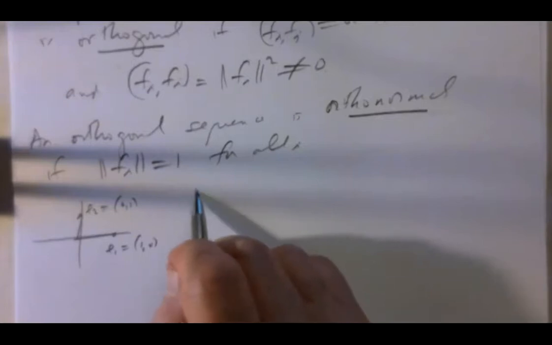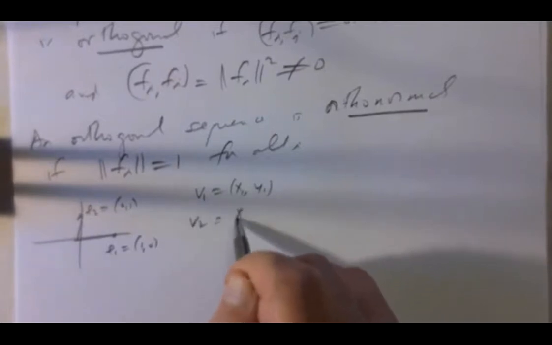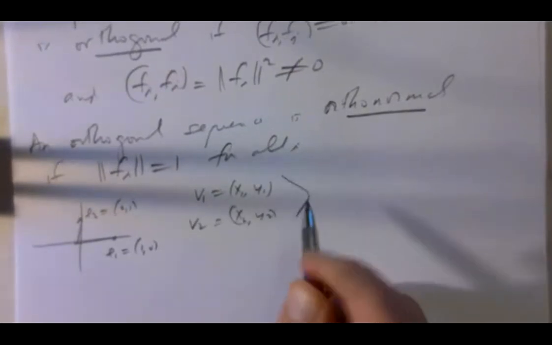So the example you know best is in the plane. Let's just look at vectors. If we take the vector e1 to be 1, 0, and the vector e2 to be 0, 1, and whenever we have two vectors, let's say v1 is x1, y1, and v2 is x2, y2, we define the inner product of v1 and v2 to be x1 x2 plus y1 y2.